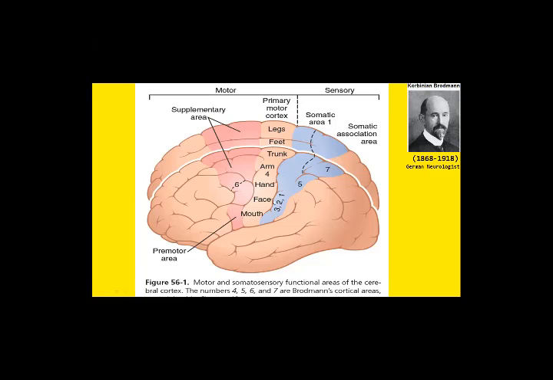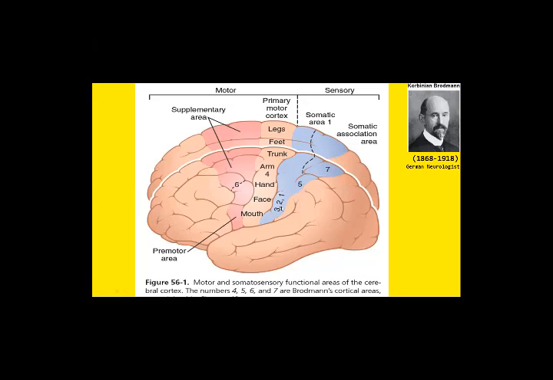This means the gyrus posterior to the central sulcus of Rolando is the sensory cortex, area 3 to 1, and the complete name is somatosensory area 1.